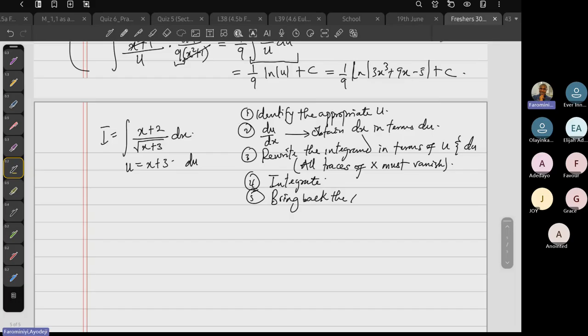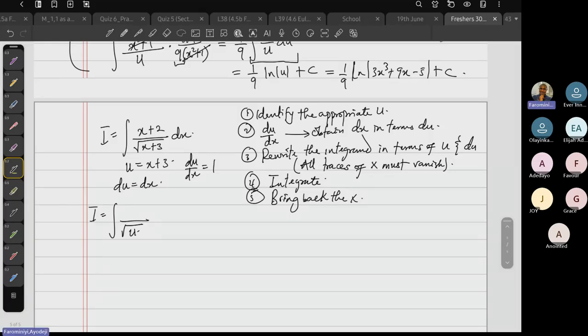So in this case, if u is equal to x plus 3, we have du over dx is equal to 1, which means du is equal to dx. So if we want to rewrite all of these things, we know that what is underneath the square root is what we have made our u. And x plus 2, we want to write it in terms of u.